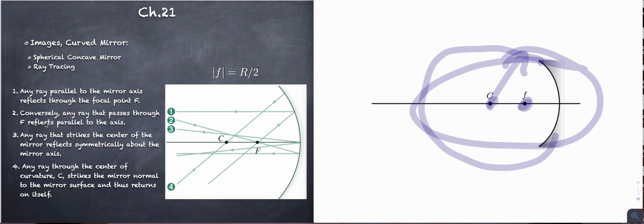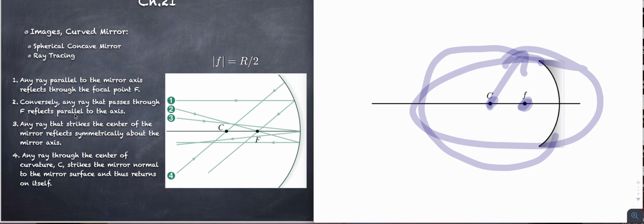For ray tracing, we're going to follow the rules on the slides, which have different pictures for how rays can enter. One is entering parallel to the normal axis or the middle axis, and if it enters in parallel, it reflects through the focal point. Rays that pass through the focal point will be reflected out parallel.